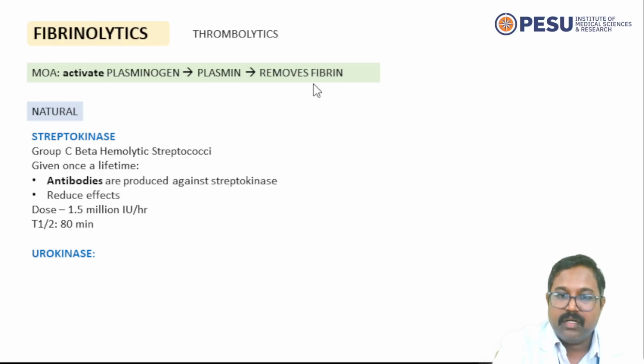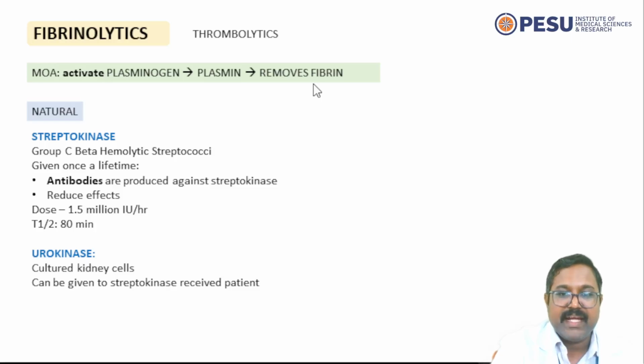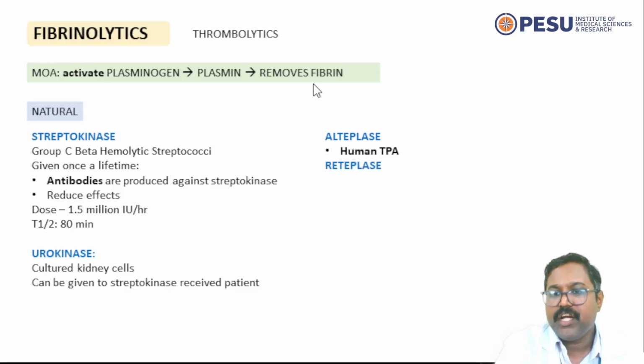The other naturally available fibrinolytic is urokinase, which is obtained from cultured kidney cells and can be given to a streptokinase-receiving patient, as no antibody is developed to urokinase. Next we have alteplase, which is a human tissue plasminogen activator.